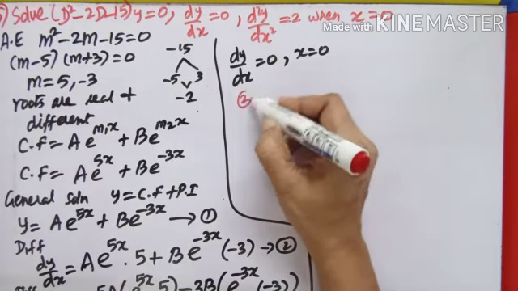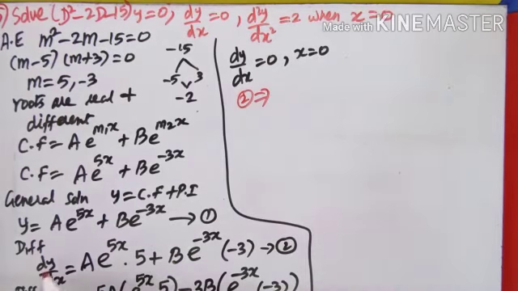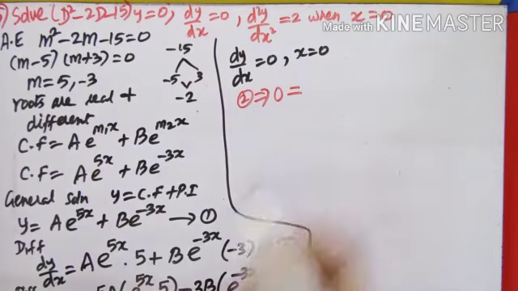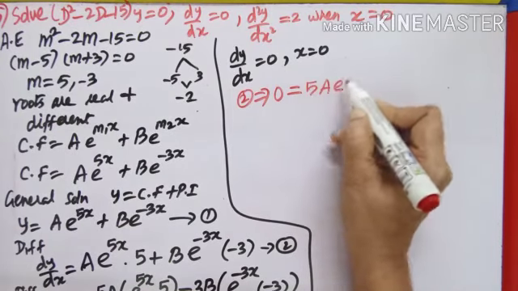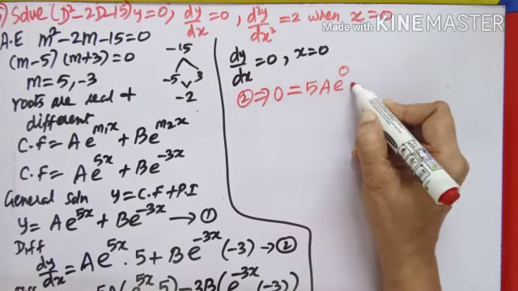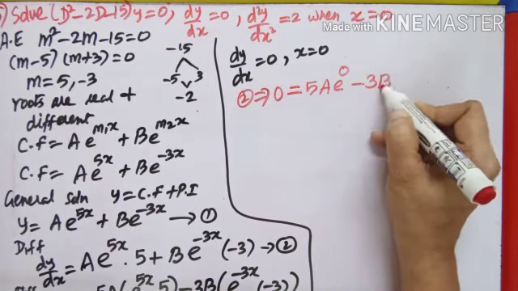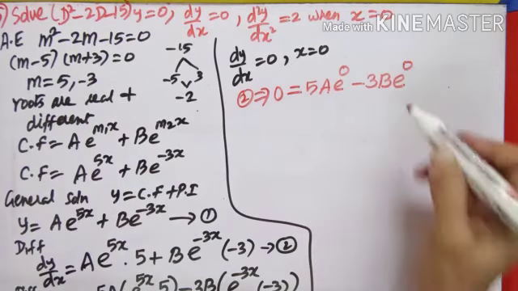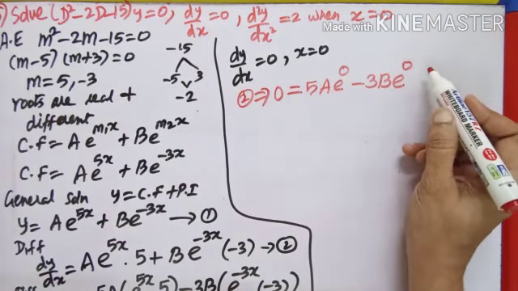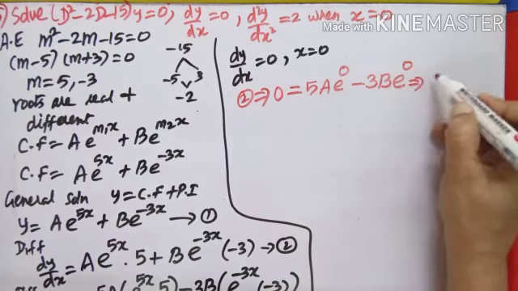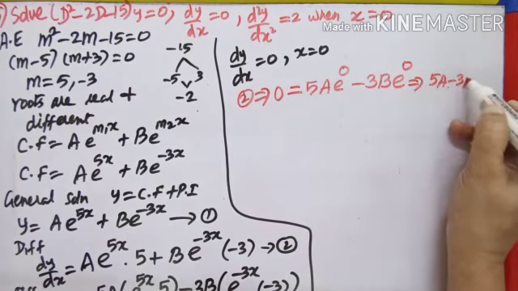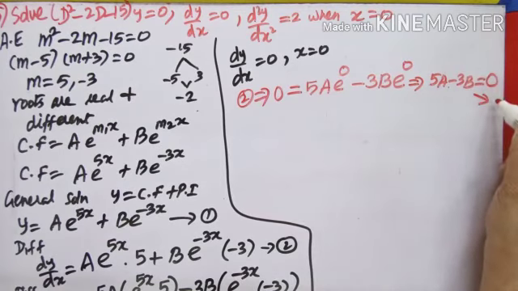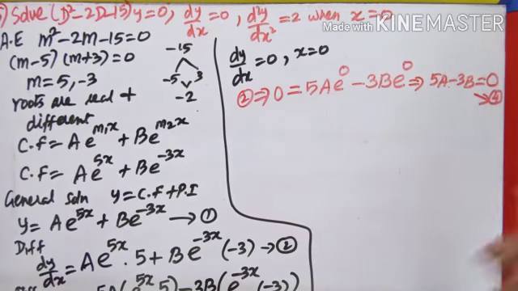In the second equation, dy/dx is 0, so 5A e^(5x) with x = 0 and -3B e^(-3x) with x = 0, and we know e^0 is 1. So we get the equation 5A - 3B = 0. Call this number 4.